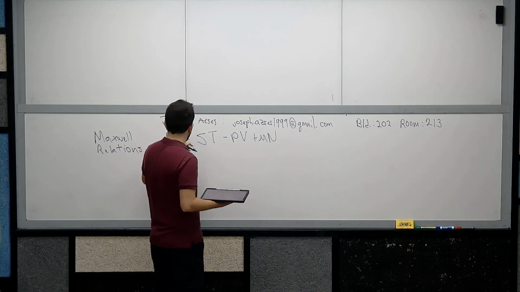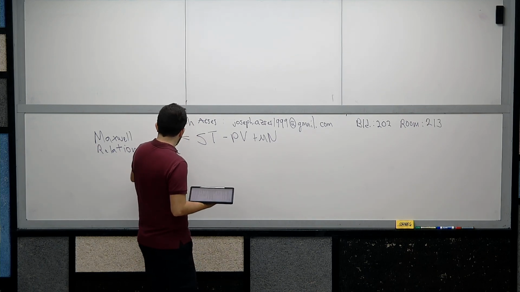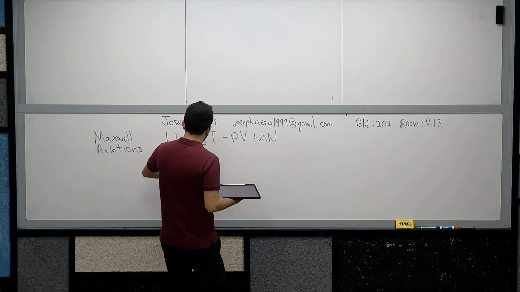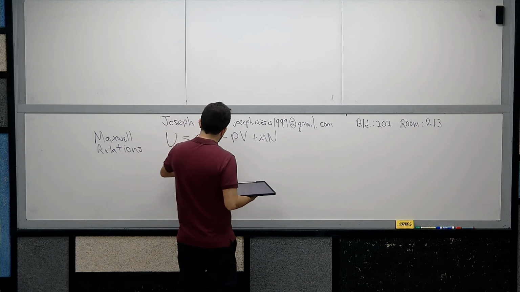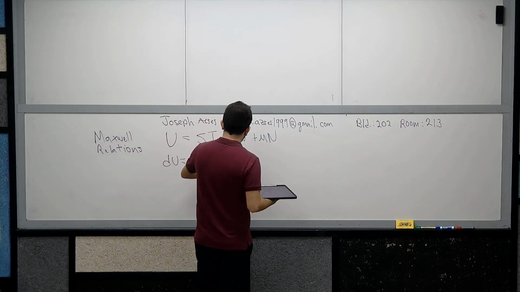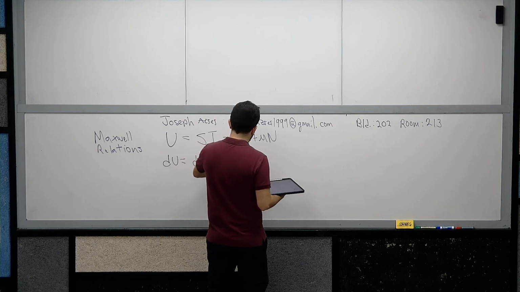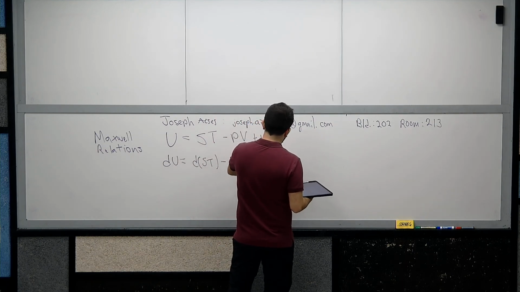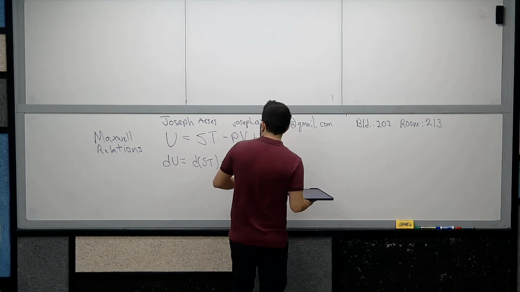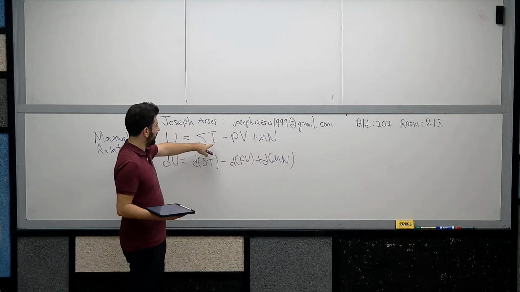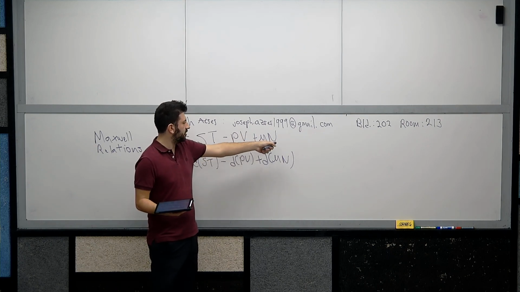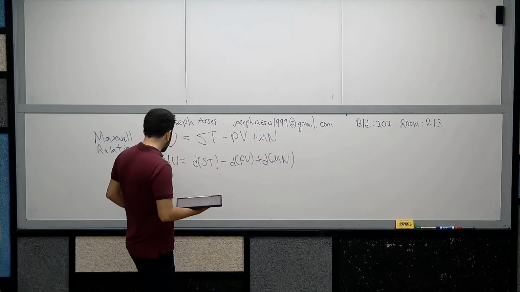So we can see this as dU. Here, this is the entropy, the temperature, the pressure, volume, chemical potential, and number of particles, right?